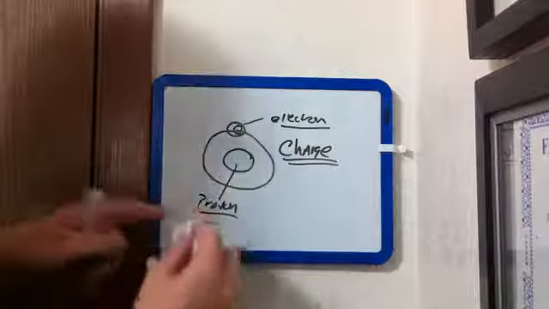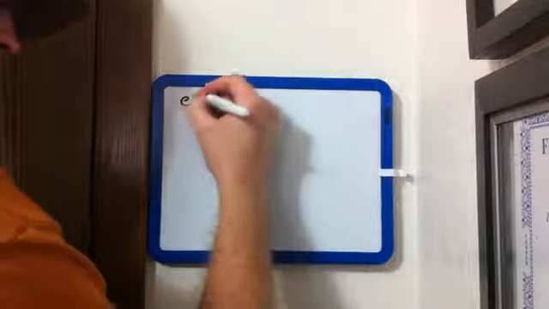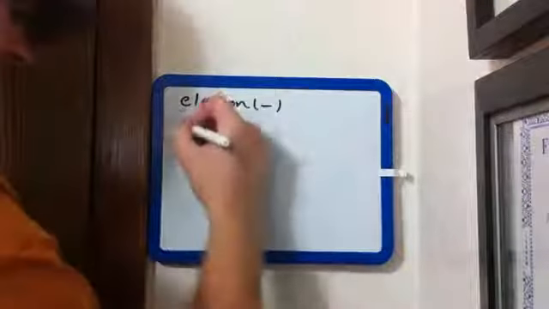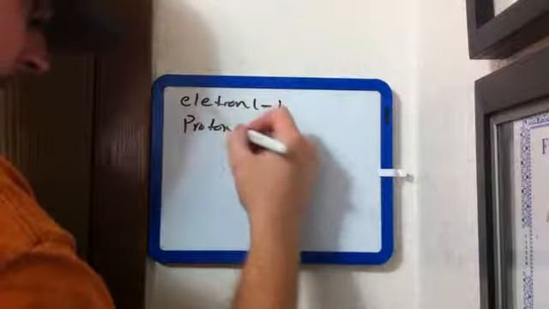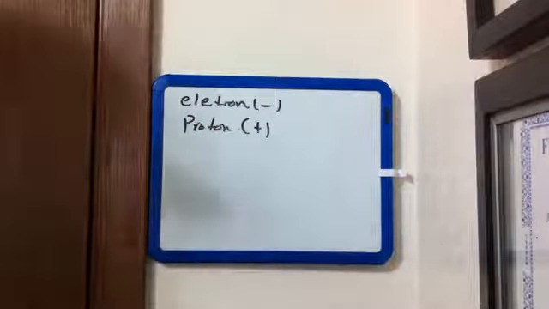Now when we talk about protons and electrons, we just arbitrarily make up a name for that charge, and we say, well, an electron has a negative charge and a proton has a positive charge. Now that's pretty arbitrary.